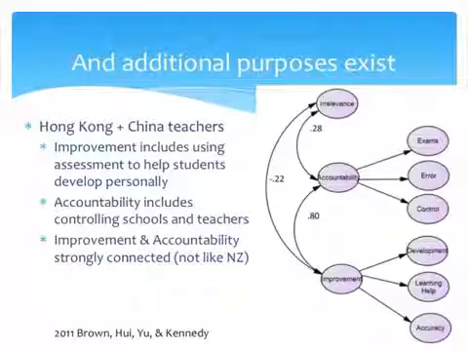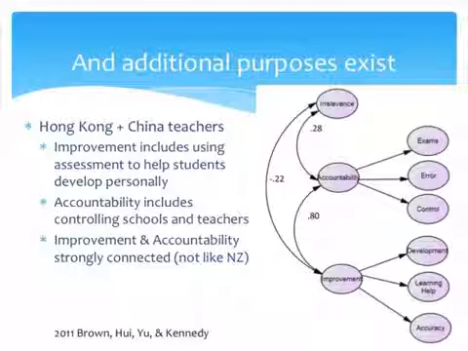We went on and did further research with Hong Kong and China teachers, and what we found is that their beliefs fell into slightly different patterns. And again, in this large survey of nearly 2,000 teachers in Hong Kong and southern China, accountability, which means examinations, which meant controlling schools and teachers, was positively correlated with improvement, helping students develop and learn.